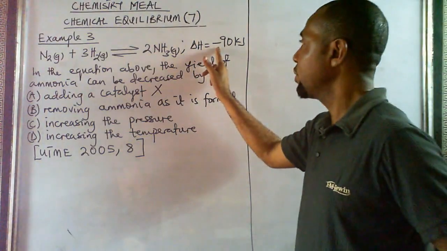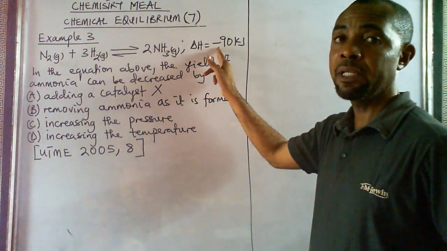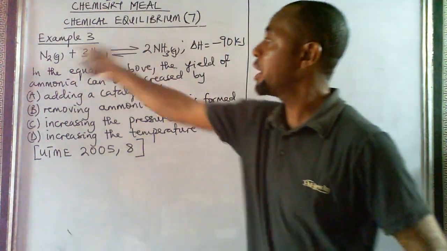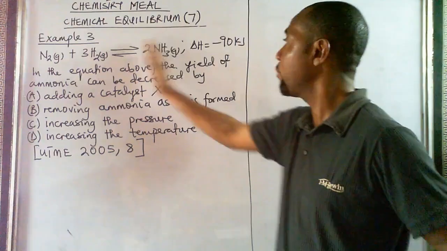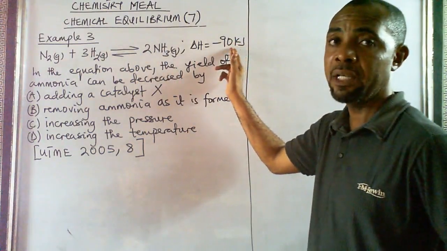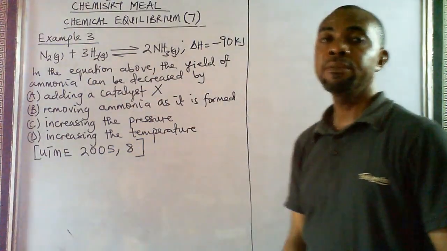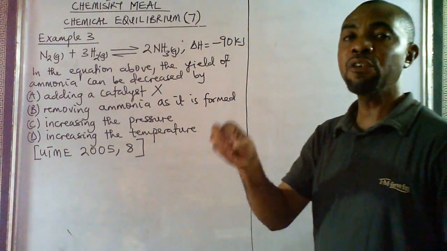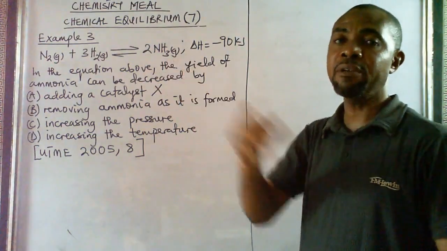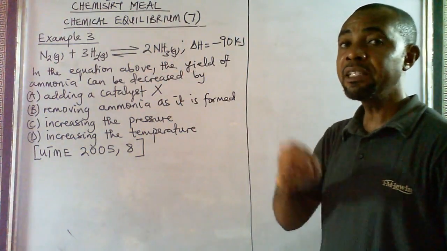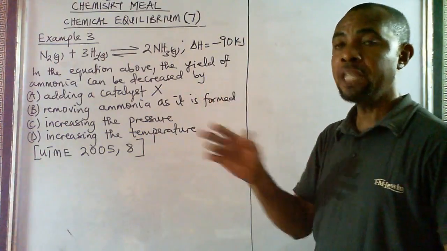So now we look at temperature, right? The forward reaction here is exothermic, while the backward reaction is now endothermic, because if the forward reaction is exothermic, backward reaction will be endothermic. An increase in temperature favors endothermic reaction.